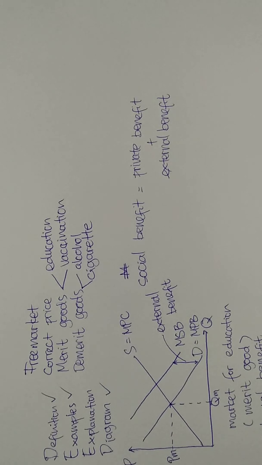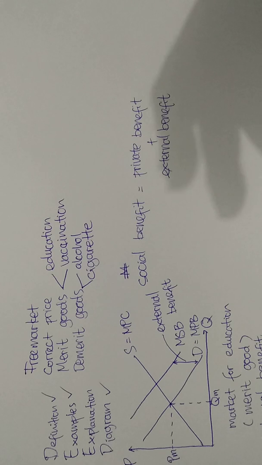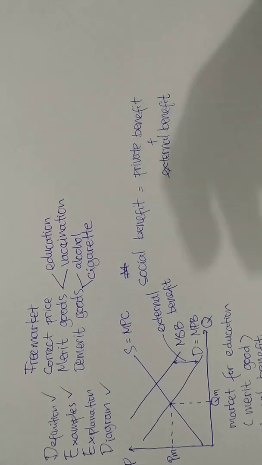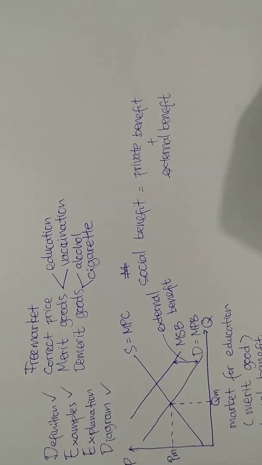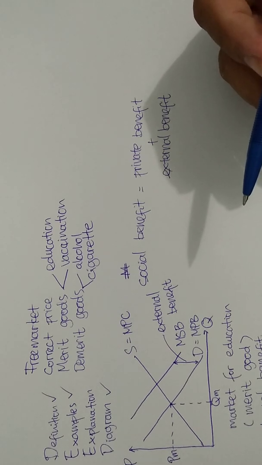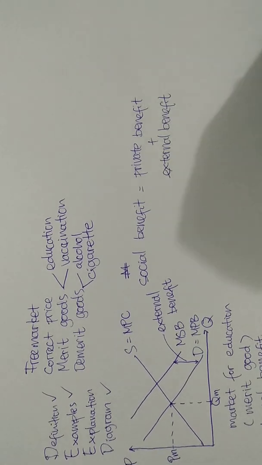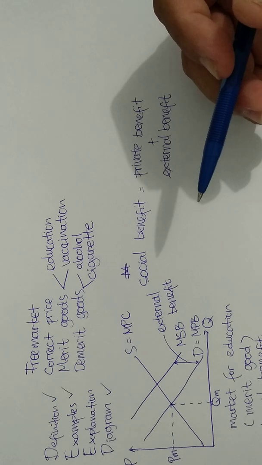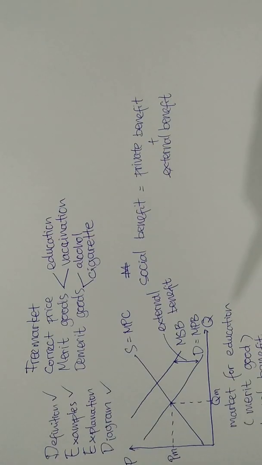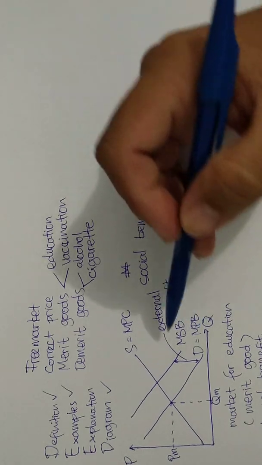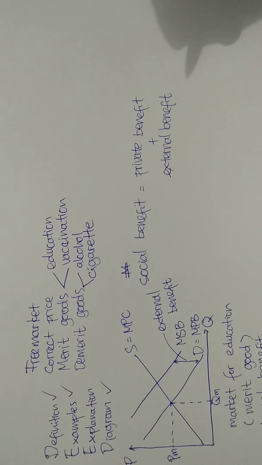Okay? The consumer has no care about the external benefit caused by the education that they enjoy. Maybe they don't have the correct information about the external benefit that they are giving to the society. So the consumers are unaware of this external benefit.